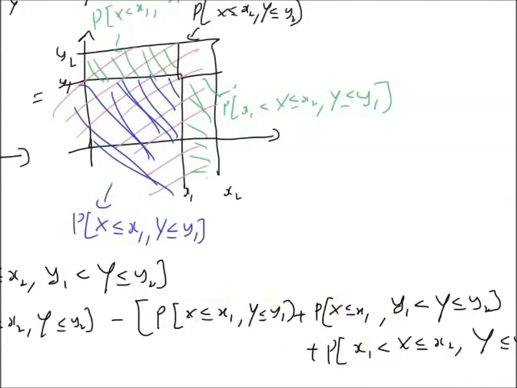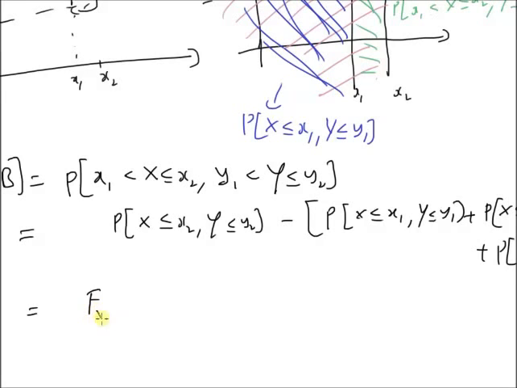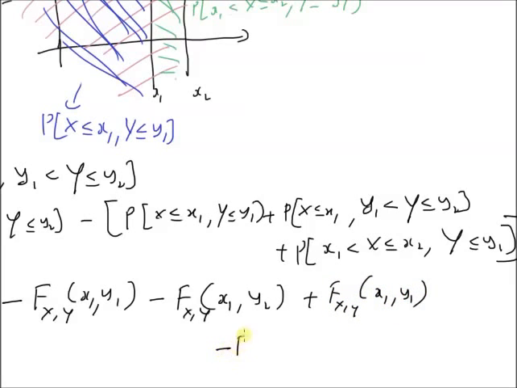And in the previous video we already proved that this should be equal to the CDF F_X,Y of x2, y2 minus F_X,Y of x1, y2, minus F_X,Y of x2, y1, plus F_X,Y of x1, y1.